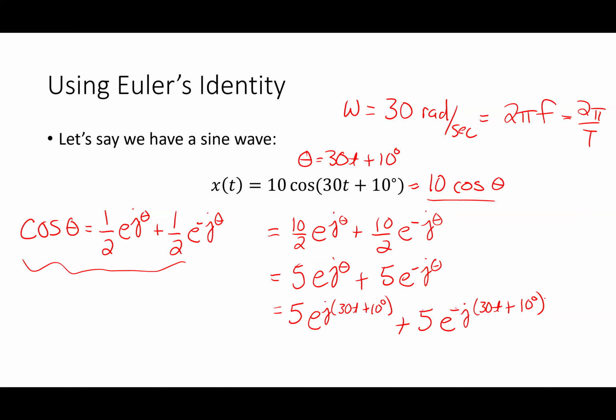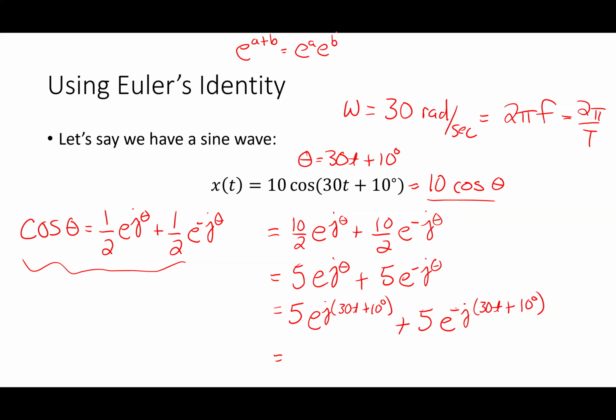Okay. What do I do with that? Well, if I want to break that up a little more, if I have e to the a plus b, how can I write it? E to the a times e to the b.